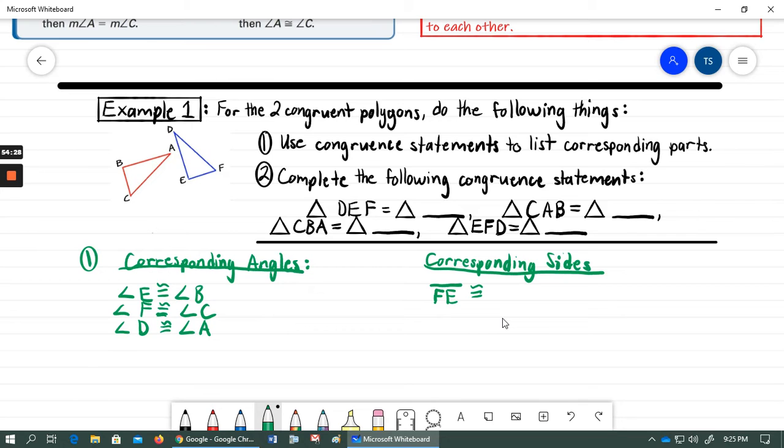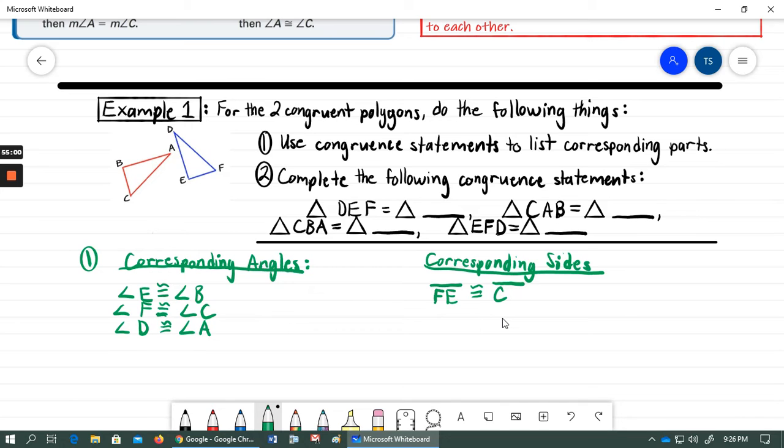The corresponding angle for angle F was angle C, right? So if you're going to put this in the right order, doing this congruent statement, then you're going to have to put C first, because C is the angle that corresponds with angle F. Since F came first for this segment, you're going to have to put C first for this segment, because F and C are corresponding angles.